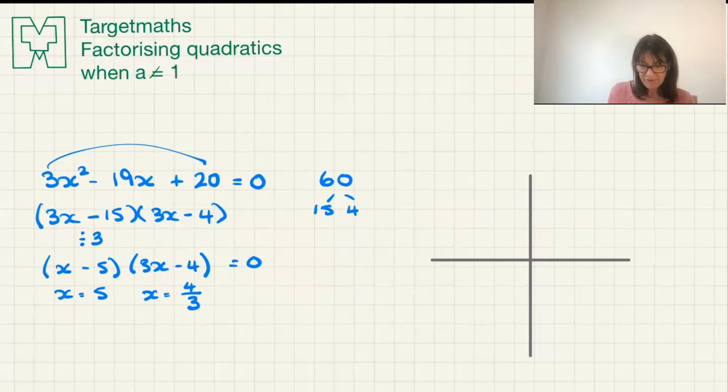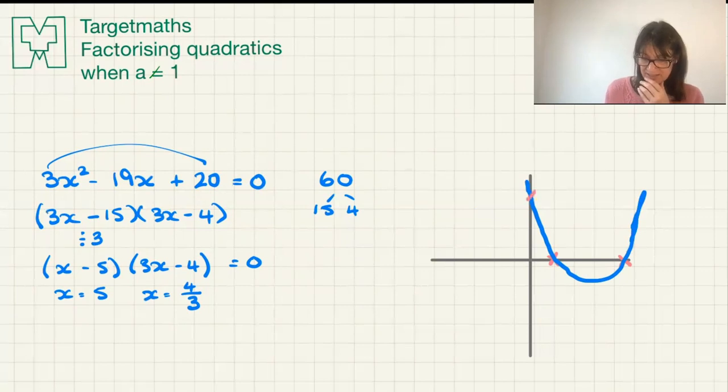So we've got our 5 and our 4/3. So 4/3 and 5. We want to be crossing in the positive y-axis, which we will be. And now we can just scoot through again, doing our best to keep it as symmetrical as possible. That's pretty good. And that would be my 20 on the y-axis.